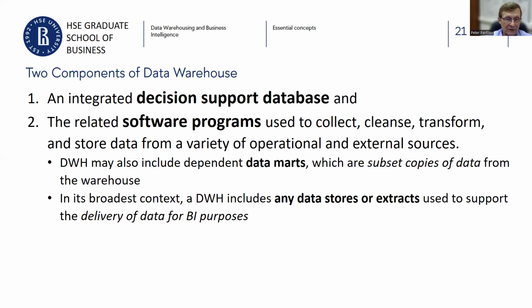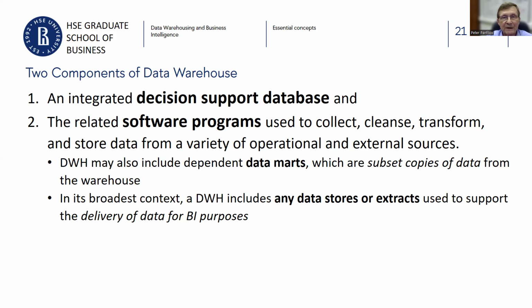Okay, and now about data warehouse. We have two components in any data warehouse. First of all, it is a database, an integrated decision support database. So it's not just a database as a collection of some facts, some measurements, some raw data.